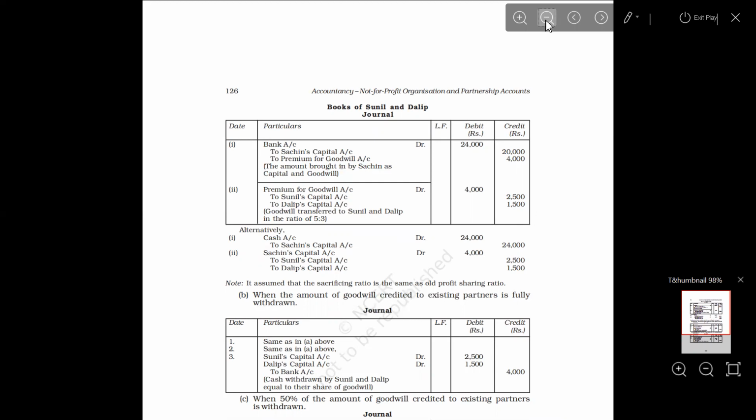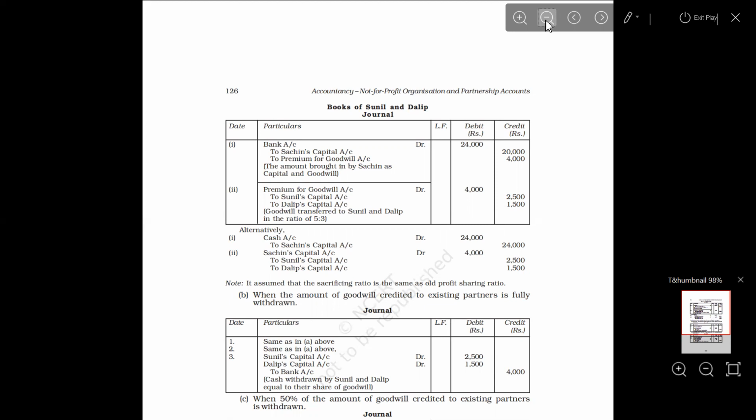So the entry is Sunil's capital account debit, Dalip's capital account debit, to bank account. Sunil's capital account 2,500, Dalip's capital account 1,500, to bank account. You just think it is an expense to the business. You should always frame your entry from the business point of view only.